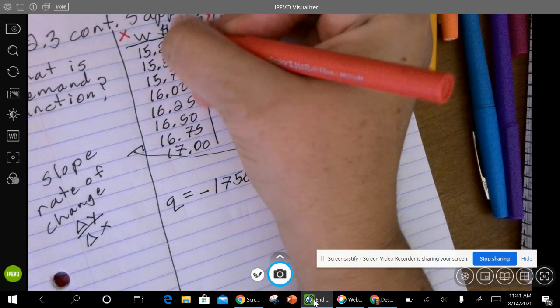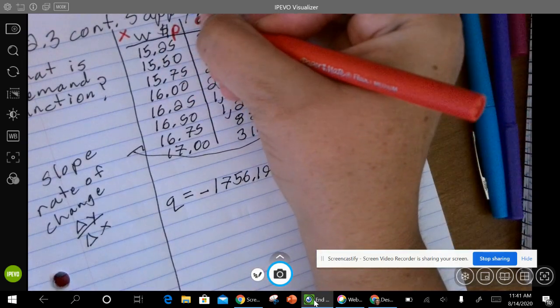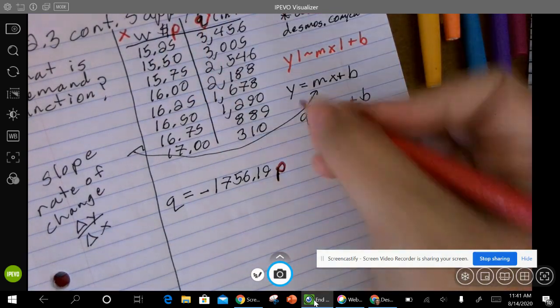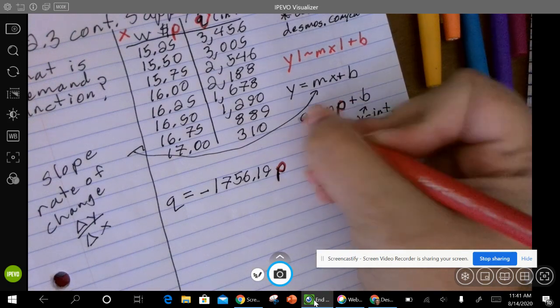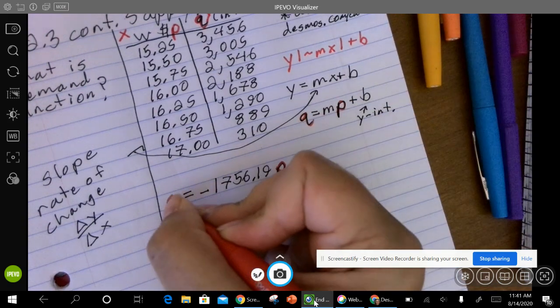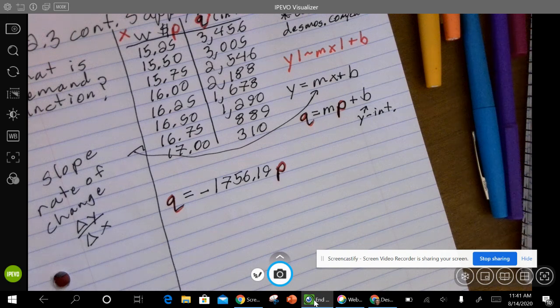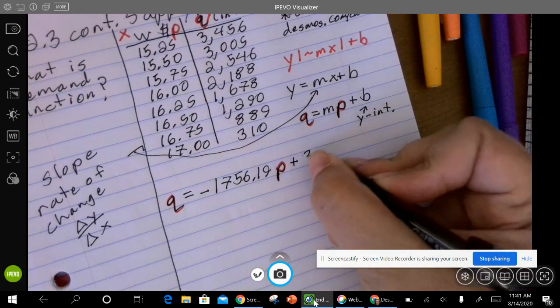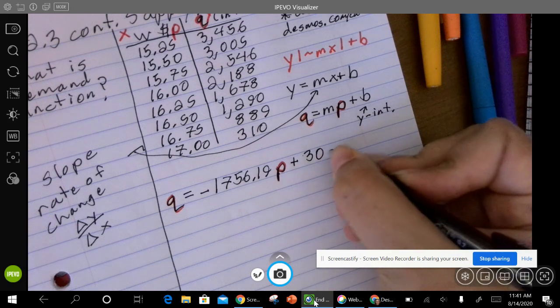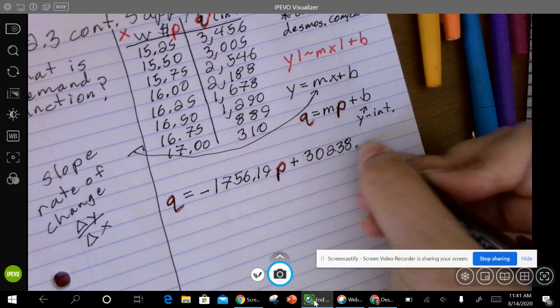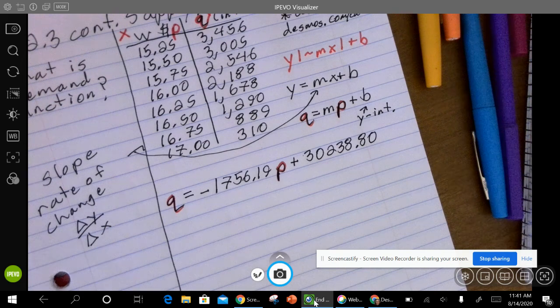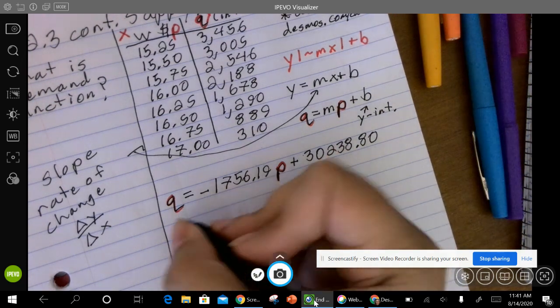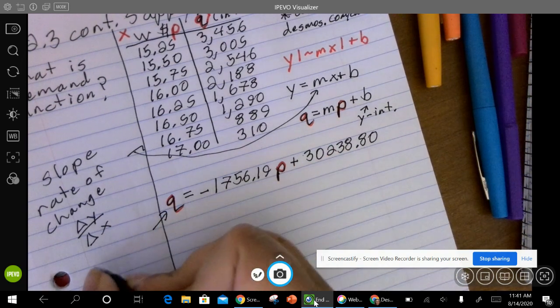This is our quantity, Q. So P is the price, Q is our quantity. This is our demand function. Plus 30,238.80. Okay, everybody remember again, Q is the quantity.